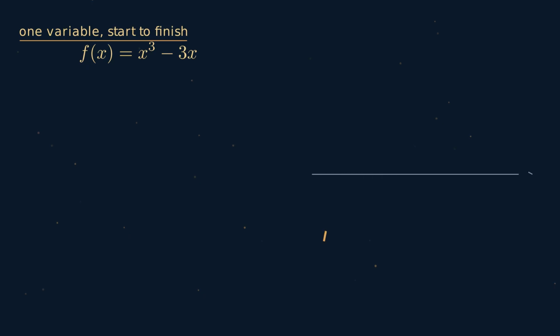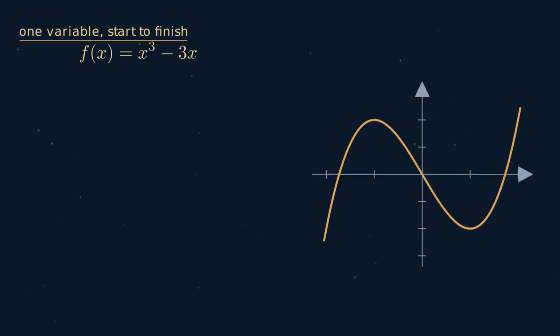Let us run the machine on a real function. x cubed minus 3x. Differentiate, then set the result to 0. 3x squared minus 3 equals nothing, so x is plus 1 or minus 1. Two suspects, and still no verdict.